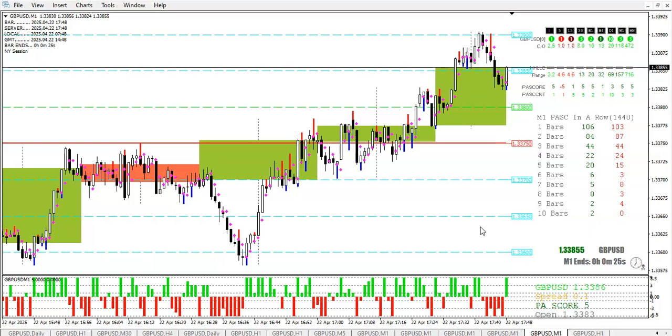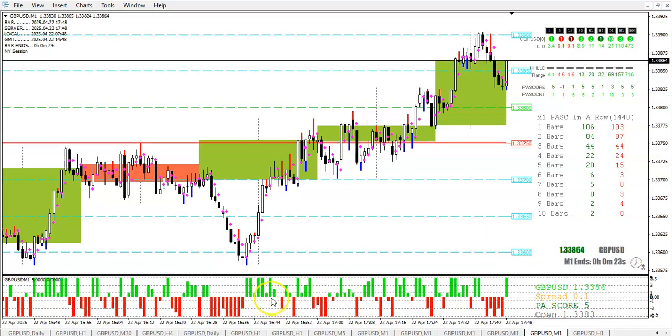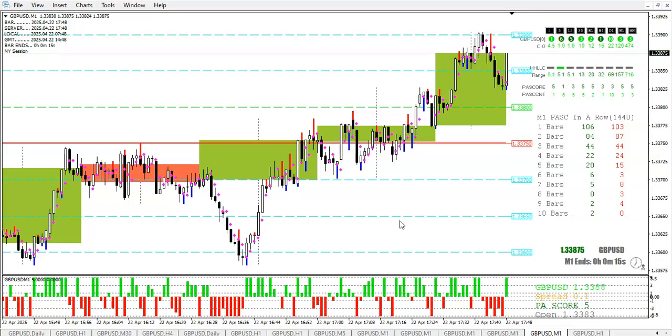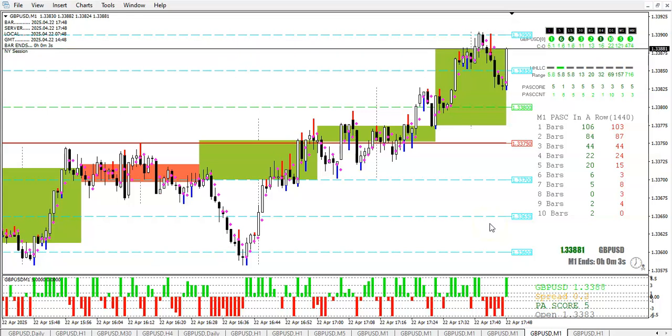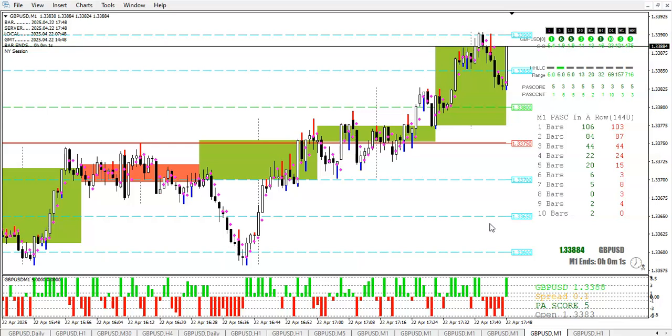And then, of course, you don't want to go red until you see at least one red. That's just a rule of thumb, let's call it. And then after you get so many, you start to think about either exiting or reversing, or exiting and reversing your trade.